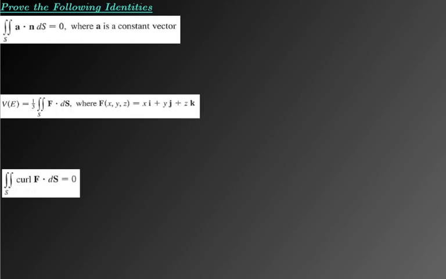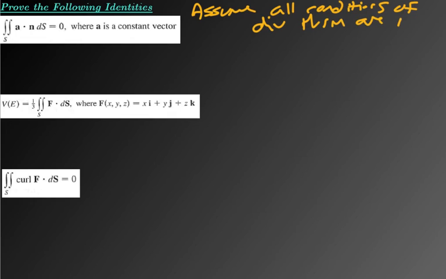All right. The last thing I want to do in this video is just prove some quick identities. And a lot of this is what you see in physics courses in college. So for this problem, let's just assume all conditions of the divergence theorem are met.